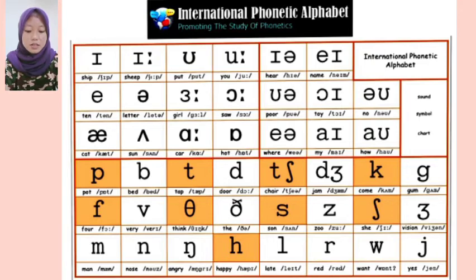The next one is u. The example is sun. The next one is ar. The example is car. The next one is o. The example is hot.